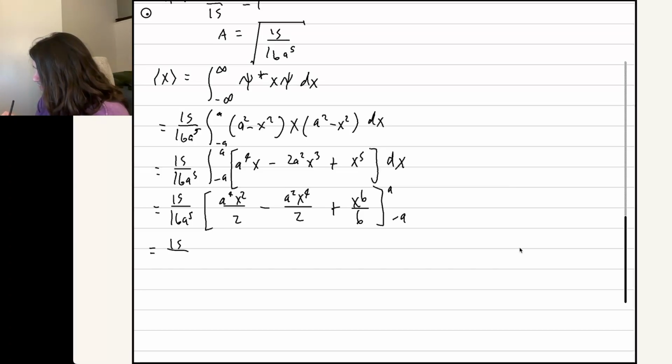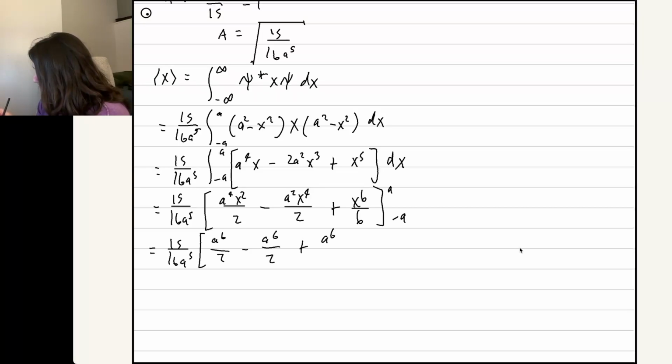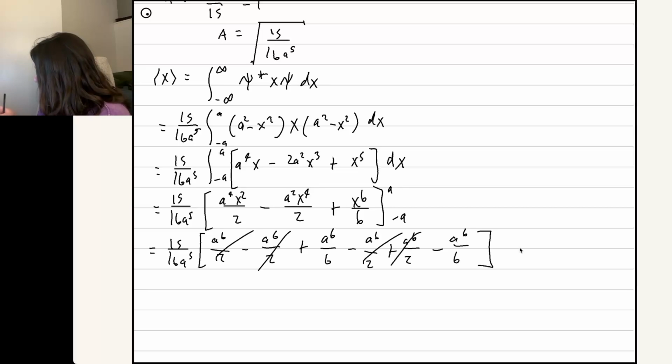Evaluating this, we're going to have 15 over 16a to the fifth times a to the sixth over 2 minus a to the sixth over 2 plus a to the sixth over 6 minus a to the sixth over 2 plus a to the sixth over 2 minus a to the sixth over 6, which, I mean, this cancels out, this cancels out, this cancels out that, so it's all 0. Fine. It's nothing new.